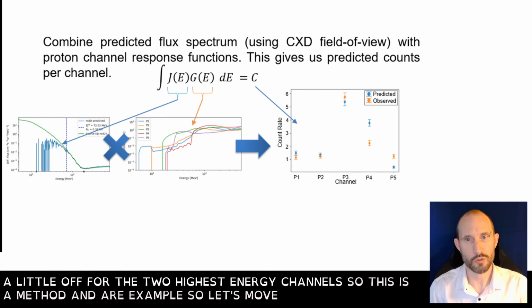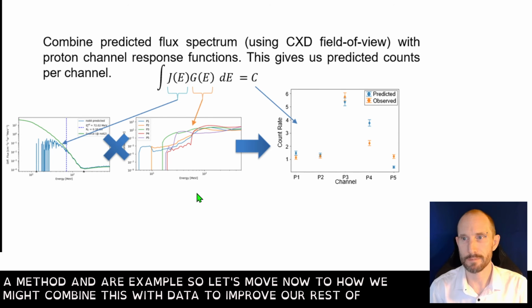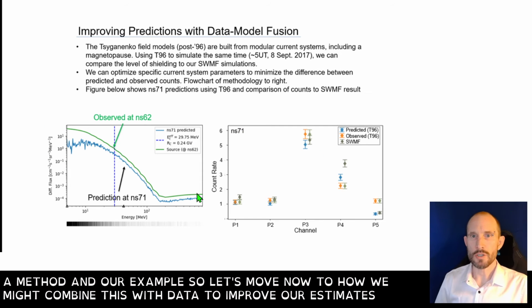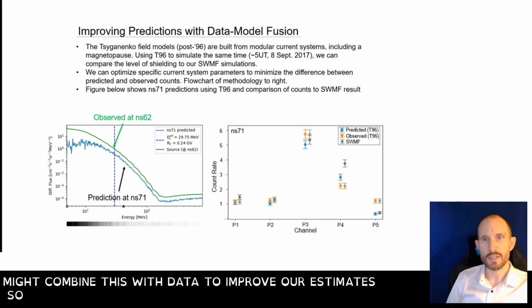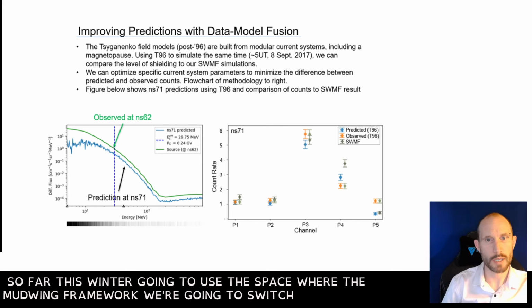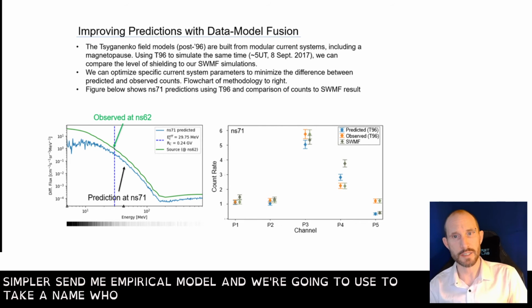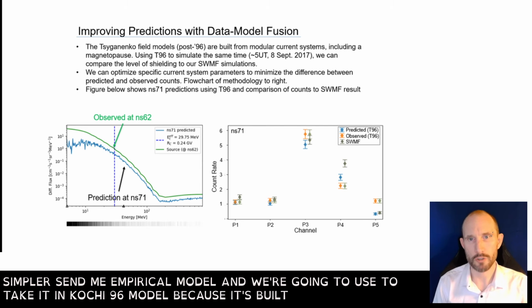So let's move now to how we might combine this with data to improve our estimates. For this, we're not going to use the space weather modeling framework. We're going to switch to a much simpler semi-empirical model, and we're going to use the Tsyganenko T96 model because it's built from modular current systems.